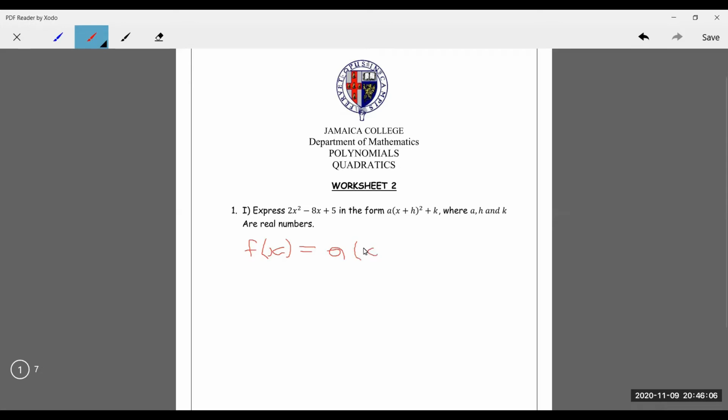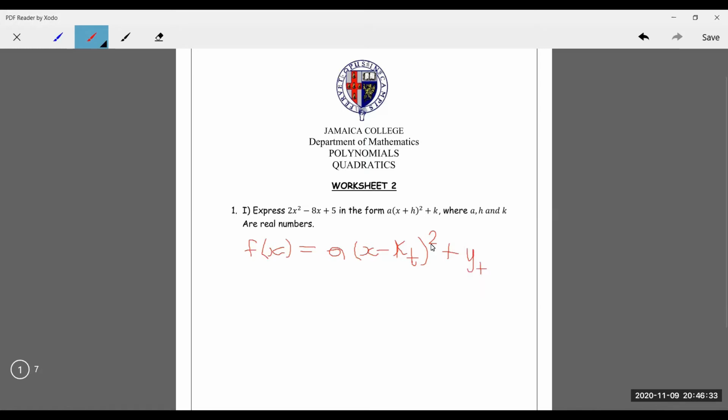Instead of saying x plus h, I say x minus xt, where xt is the x value at the turning point. So you can write it as f of x is a times (x minus xt) squared plus yt. You can write a function in this form, and it's the same as that up there.